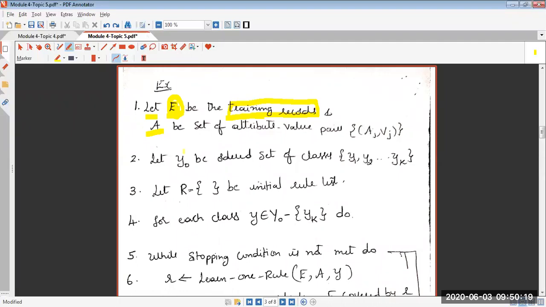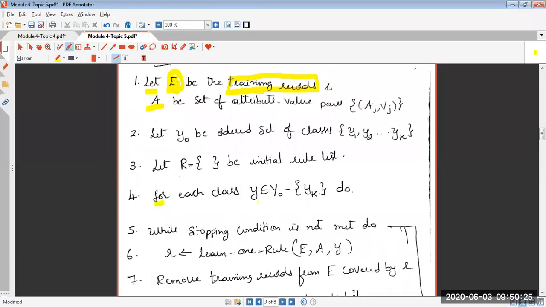Please try to understand it is progressing in this manner. The outer for loop is taking the classes, and the while loop that you are seeing inside will build the rules for that specific class. I'll try to explain with examples. If you're not clear, no problem.